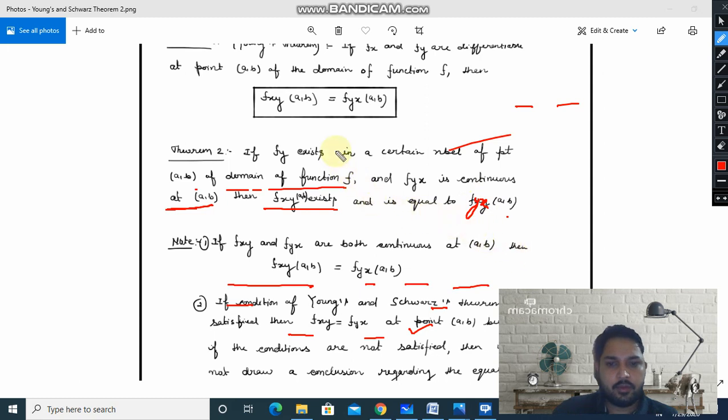So by using these two theorems, we can find the sufficient condition for equality of fxy and fyx.